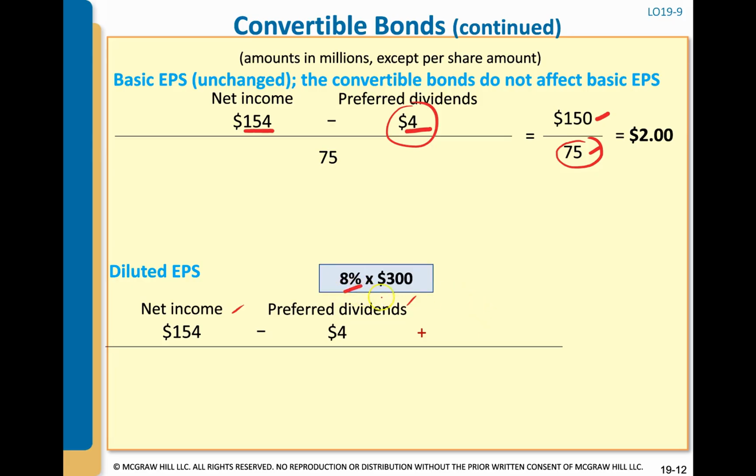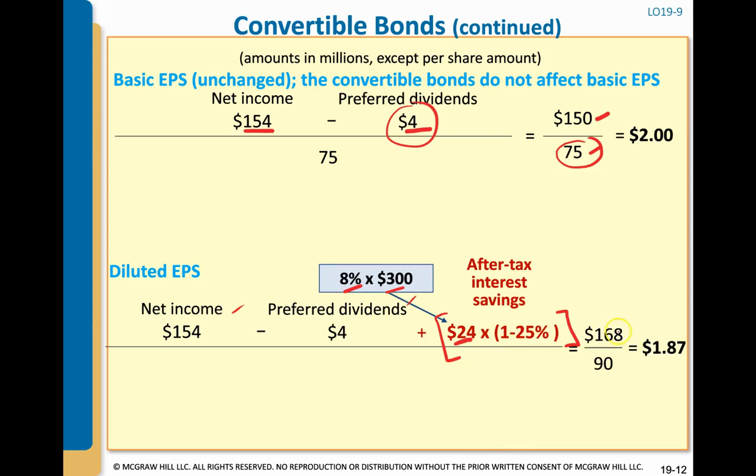We're going to take the percentage on the bond times the face value of the bond, which was 300 million. So we have to add back, so 8% times 300 is 24. So we're going to add back 24 times 1 minus 25%, because we're told that the tax rate is 25%, which is essentially 24 times 75%.